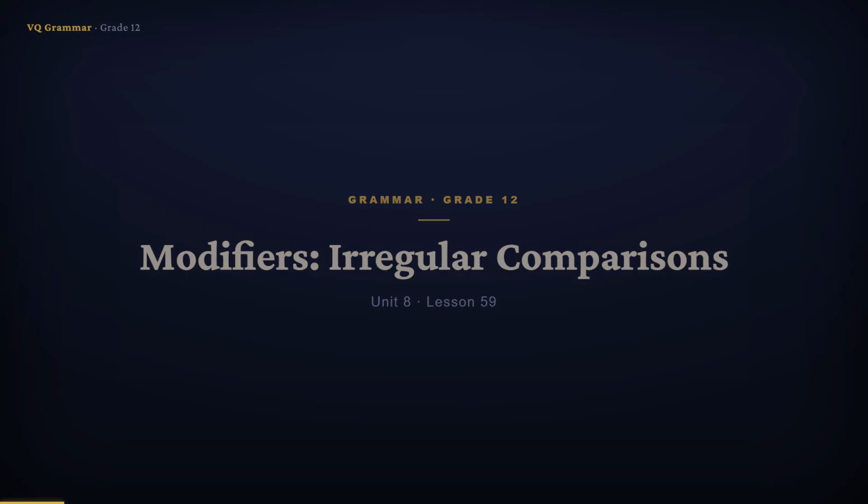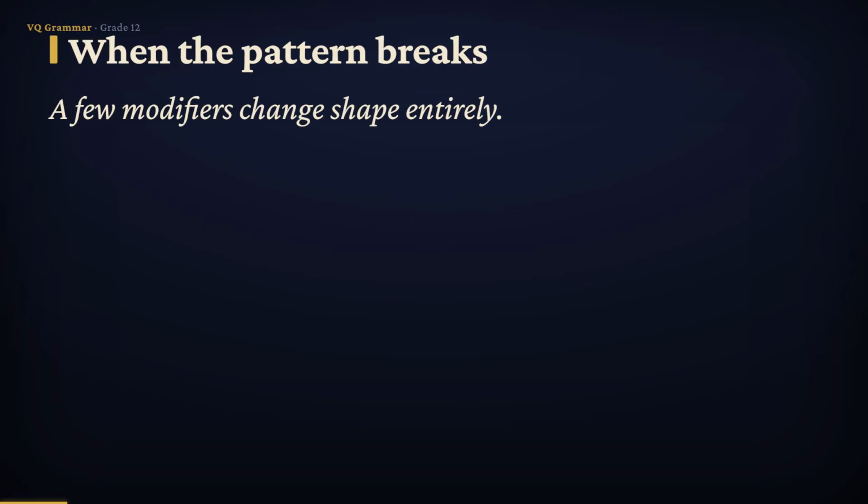Let's dig in. Here's the whole idea in one picture. For almost every modifier, comparison is mechanical. Short words add ER and EST. Longer words take more and most. Tall, taller, tallest. Careful, more careful, most careful. Easy.